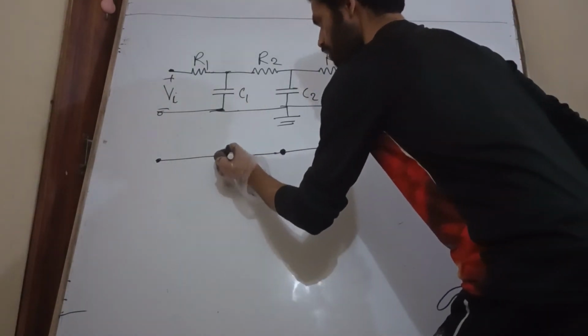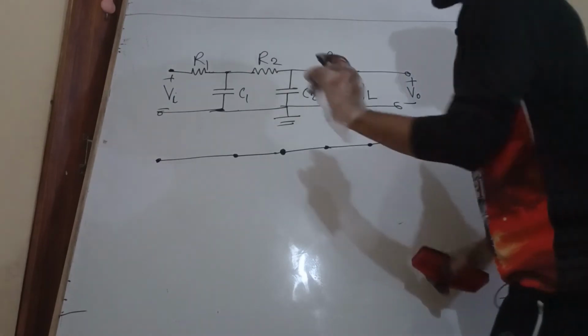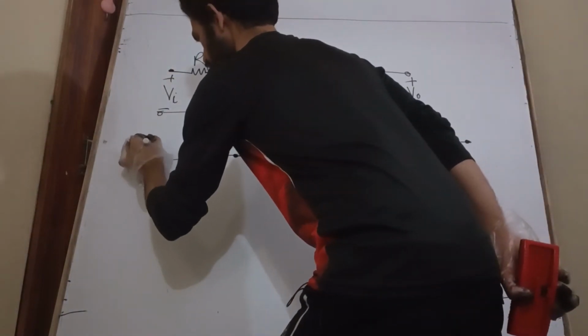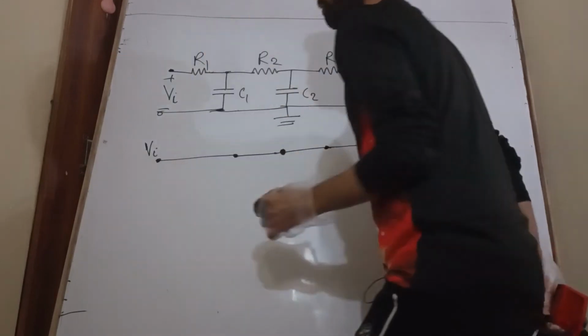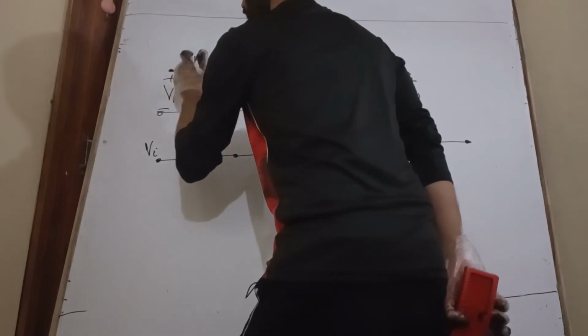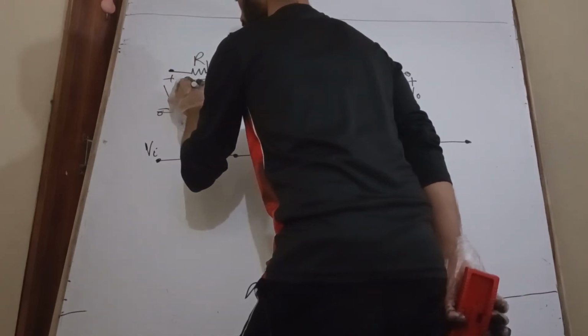Up to this, the task is over. Now, what is our next target? Next target is the input. Input is voltage Vi. If this is voltage, then the next is my current I1.